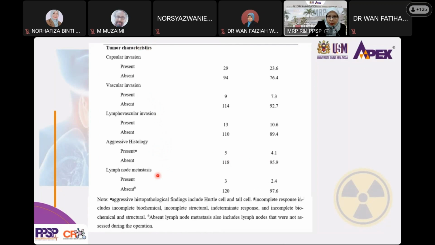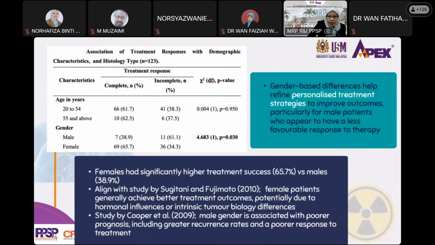Actually, from our hypothesis, we anticipate that the presence of tumor characteristics may influence the treatment outcome. So from our analysis, age was not statistically significant, where the p-value is 0.95. There is no difference in age group.